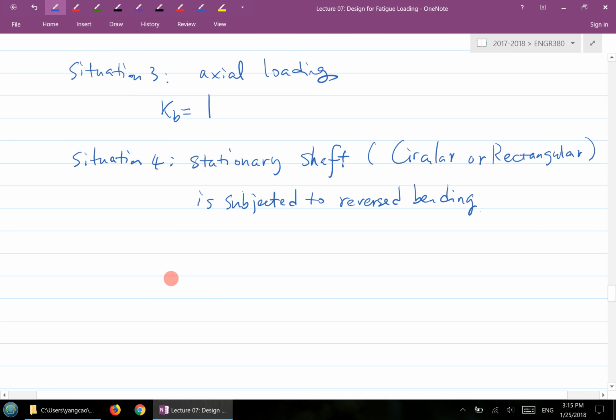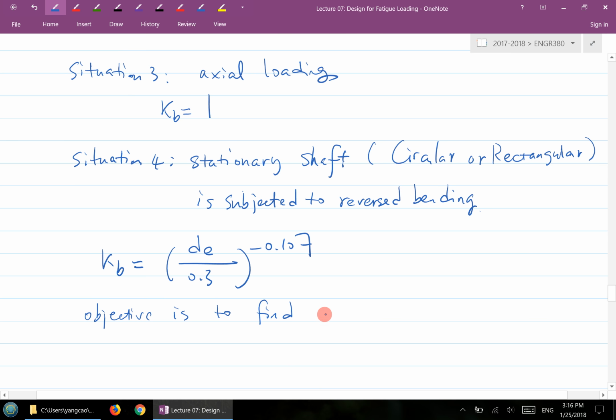So what we do is we also want to calculate the KB, but we cannot use directly that D. Let's say if it's circular, you have a diameter, so you can't use that D right away. Instead of using D, the objective is to find a so-called equivalent DE value.